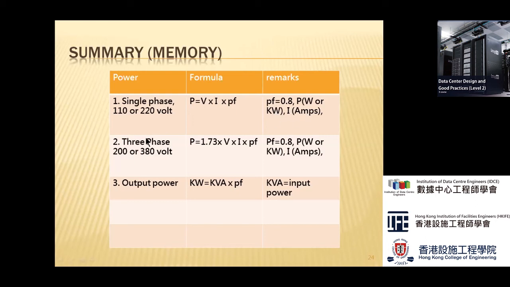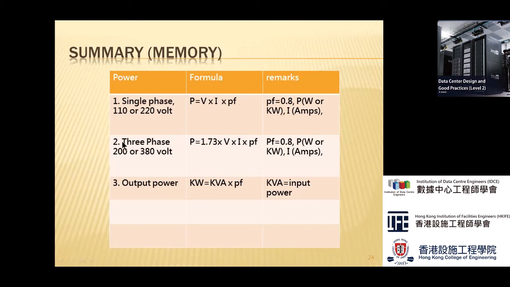For three-phase supply using 200 volt or 380 volt, the equation becomes power equals 1.73, which is the square root of 3, times the voltage. This voltage is the three-phase voltage, so 380 volt goes in here, not 220 volt, not single phase, times I times the power factor.